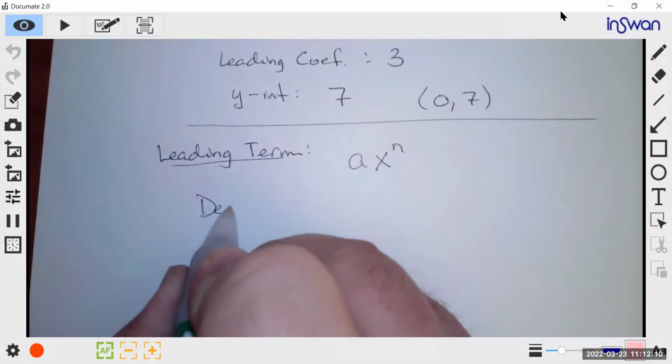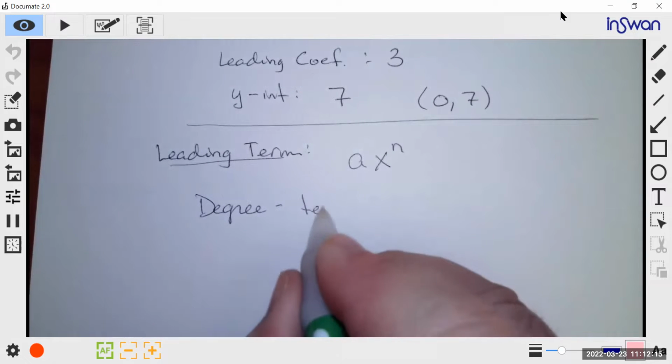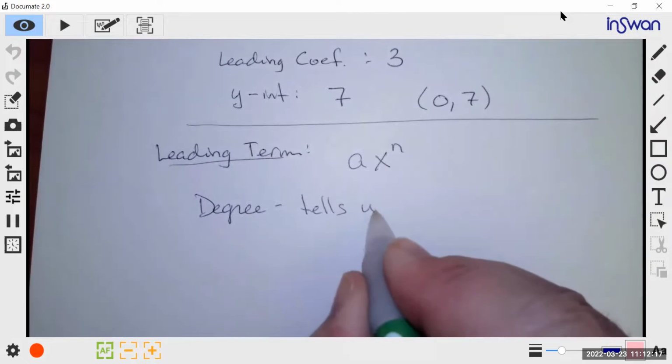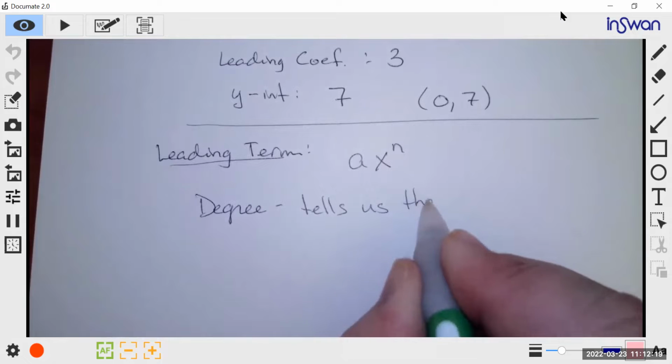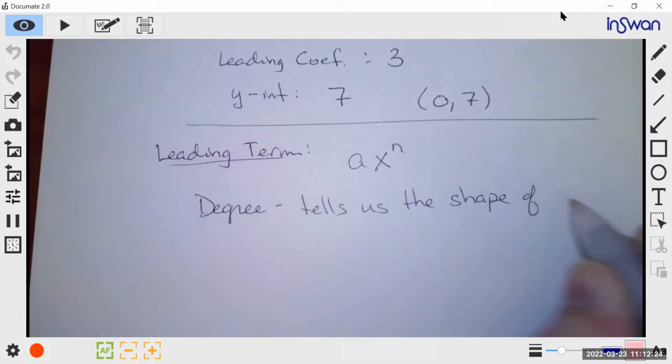The degree tells us the shape of the curve.